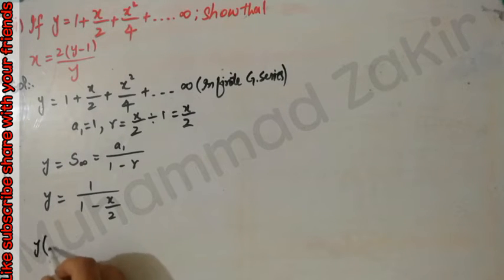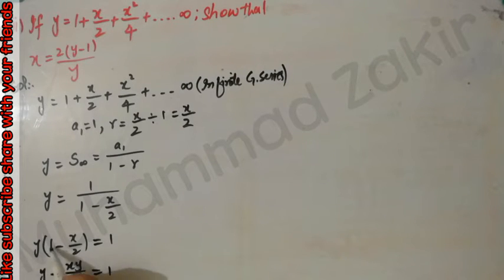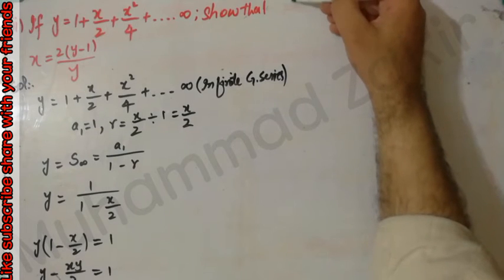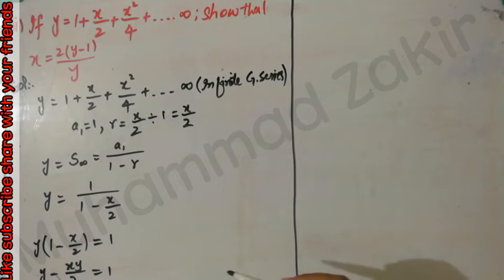And y into 1 minus x by 2. We take this denominator value on that side equal to 1. Now we can see y minus xy by 2 is equal to 1. Y multiplied by 1 is y. Y multiplied by x is xy by 2, equal to 1. We are going to separate this x from here.